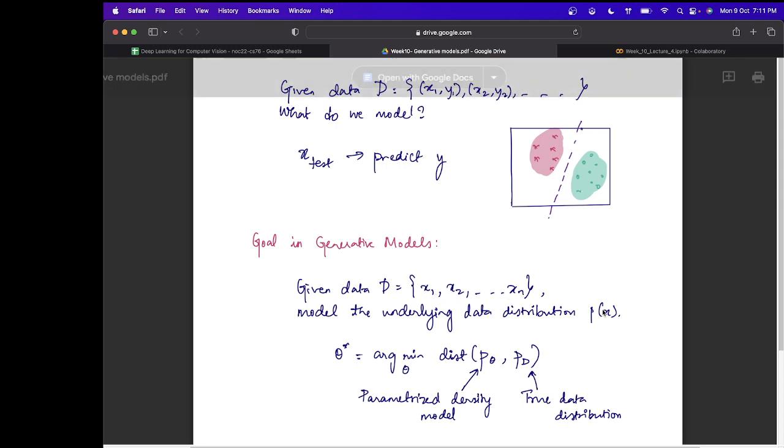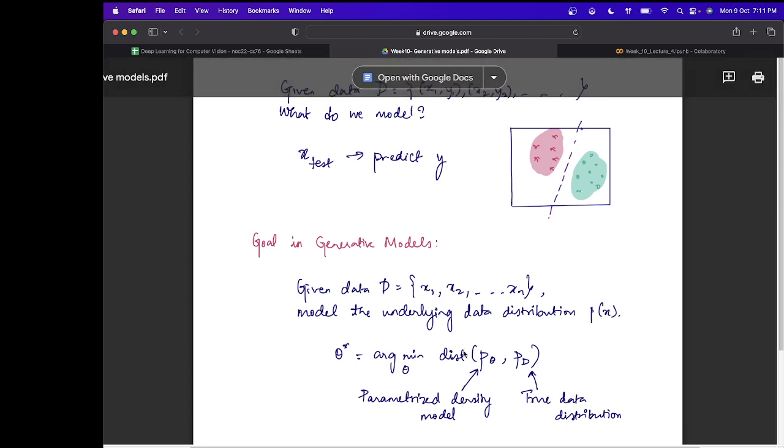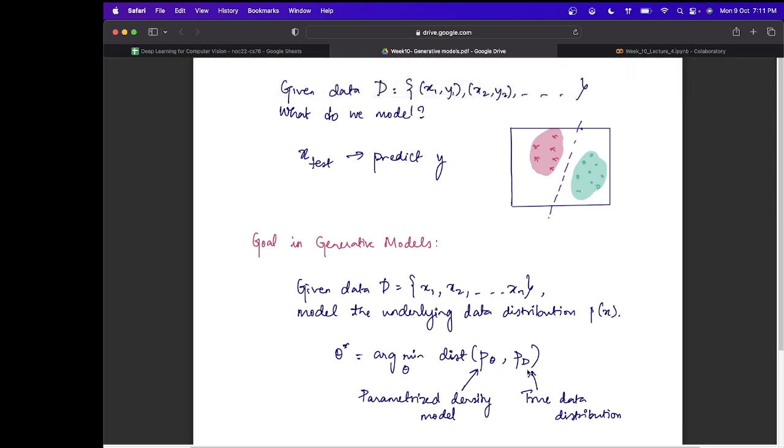Since we do not know the true data distribution, what we can do is have some parameterized density model p of theta, where the parameters are given by theta, right? We can make sure that it's as close to the true data distribution as possible.